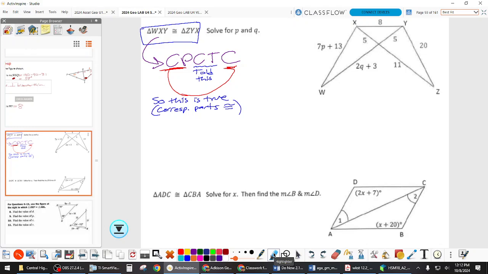It's 20, yeah. So WX corresponds or matches up to ZY, which means those two parts are congruent, and we can set them equal. So 7P plus 13 equals 20, so P is 1. Okay? How about Q?